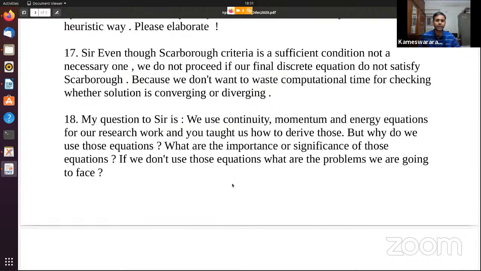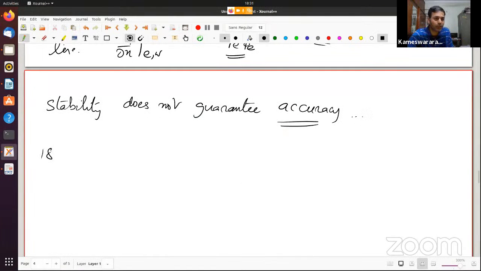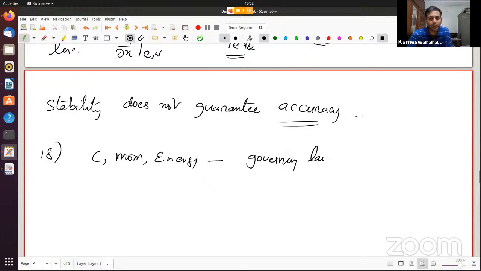Yes, that's correct. We use continuity, momentum, and energy equations for our research work, and you taught us how to derive those. But why do we use those equations? What is the significance of those equations? If you don't use those equations, what problems are we going to face? Well, the continuity, momentum, and energy equations are the governing laws, right? These are the conservation of mass, momentum, and energy. These are all the governing laws for fluid flow.